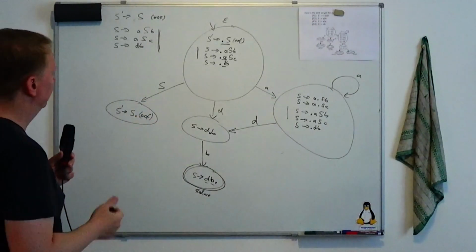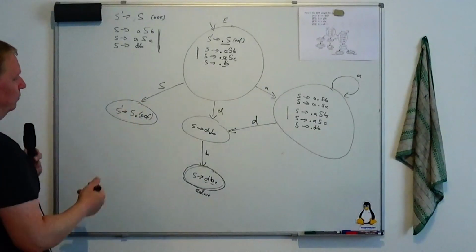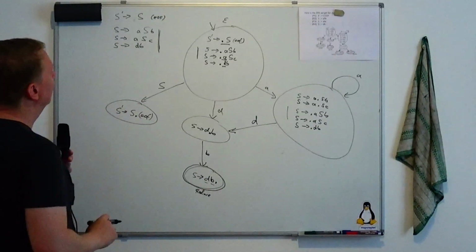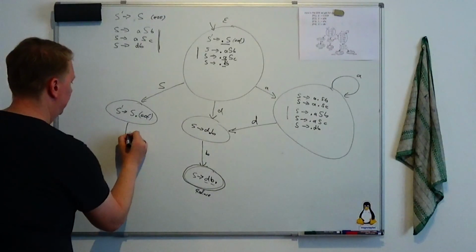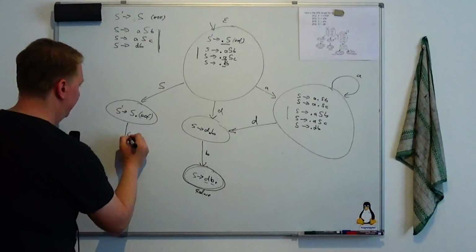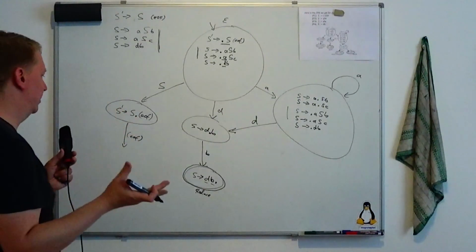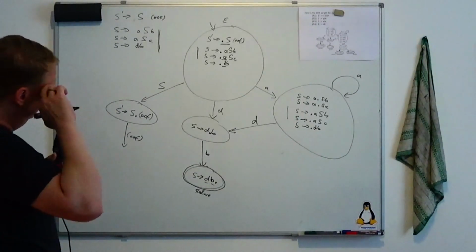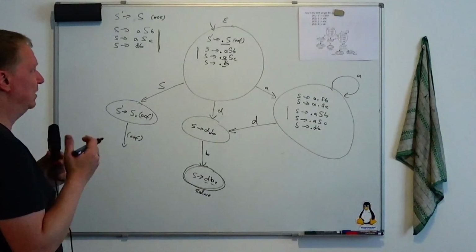Okay, and the point is not on the left of a non-terminal, so we don't need to add any more production rules. And now this end of file, that's considered a terminal. It's more something that tells us, okay, at this point the parsing must be over.